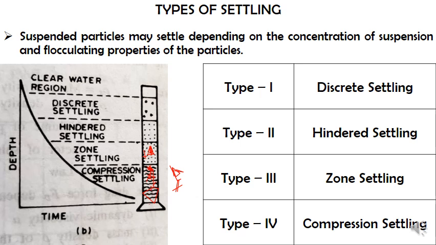So the particles which have already settled will be compressed, and in turn new settlement will take place. This is how these four types of settling occur. This is just a general explanation. In the next slide we are going to see the technical definitions for all of these.